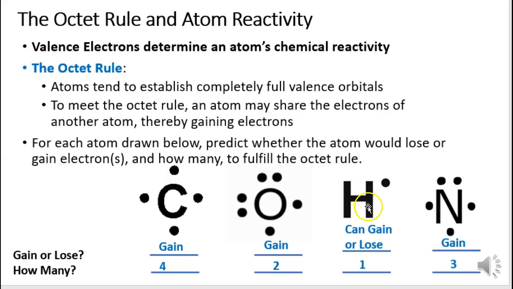Hydrogen can gain or lose 1, and it does either in different circumstances; we will see most often that it loses this electron and becomes positively charged. Nitrogen has 5 valence electrons, and therefore it tends to gain 3 electrons to fill its valence orbital.